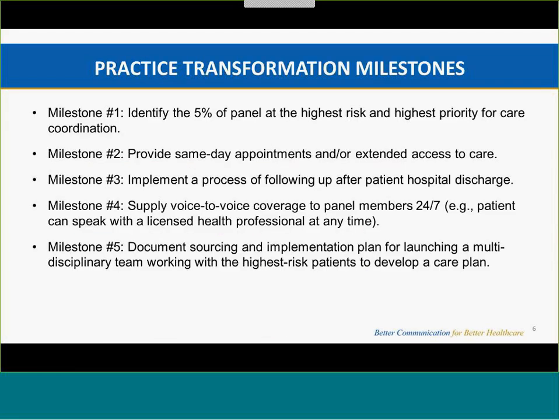So I'm sure many of you are very familiar with the practice transformation milestones if you're working on these actively as a part of practice transformation. So I won't necessarily go through and read all of them. Today we're going to focus on the milestones that specifically tie back to analytics and how DHIN can help you with those specific milestones.